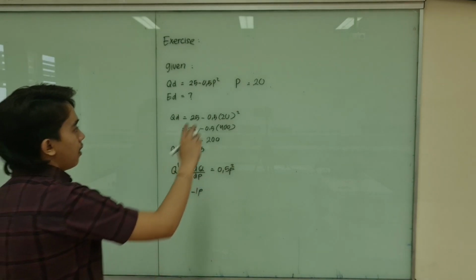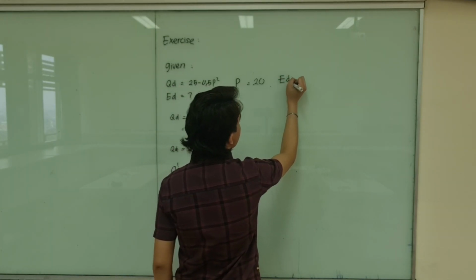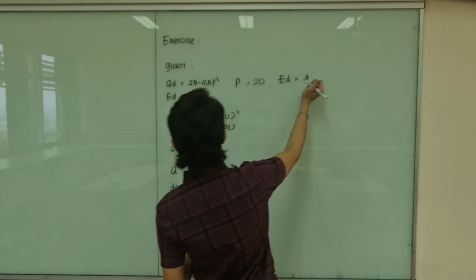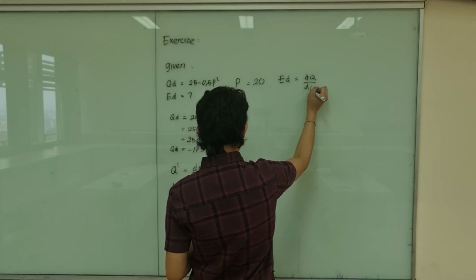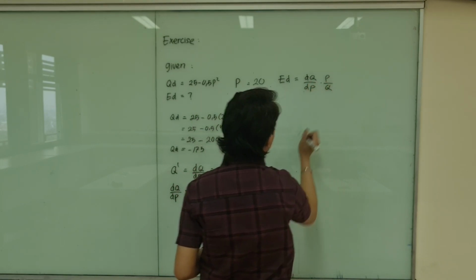Okay, now we're going to find the elasticity of demand. Elasticity of demand is the derivative of Q times price per quantity.